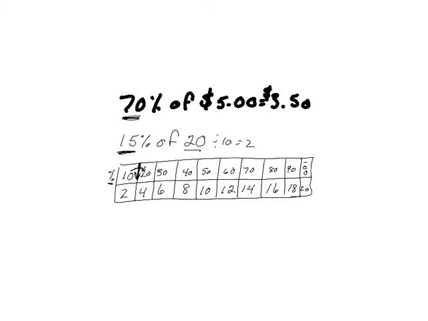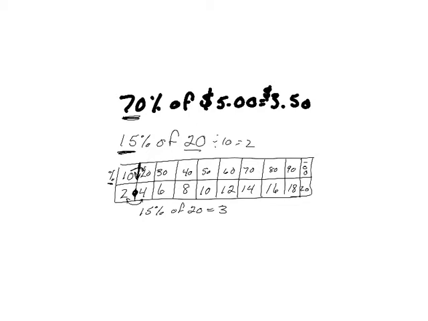So what number is right in the middle between 2 and 4? Well, that number would be 3. Okay, so that means that 15% of 20 equals 3. And that's how you work it out.